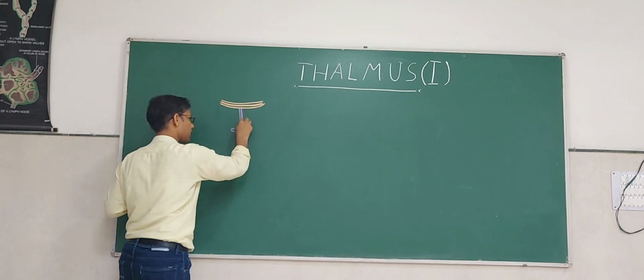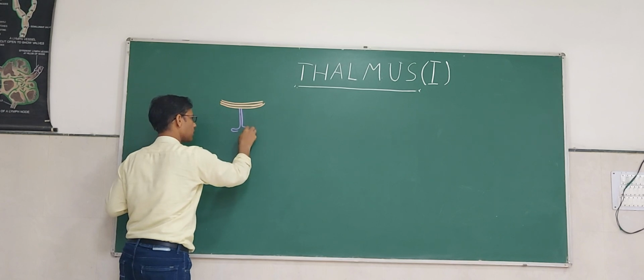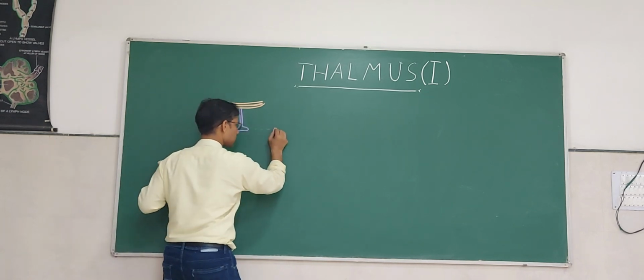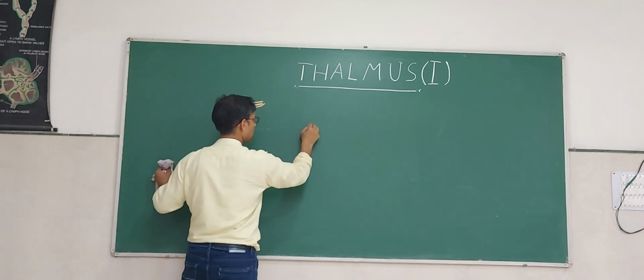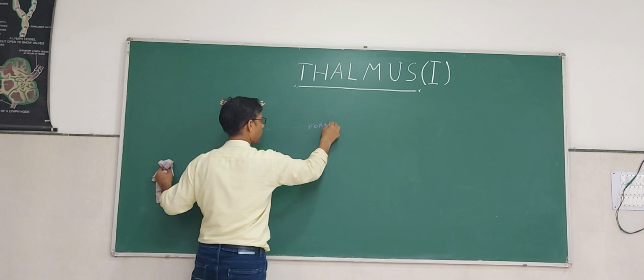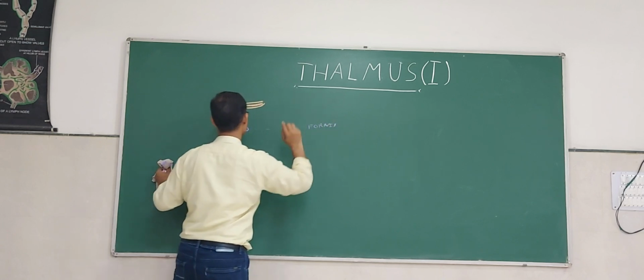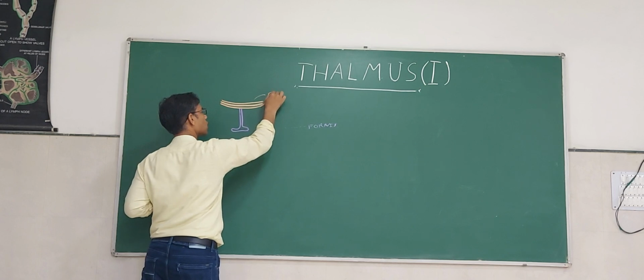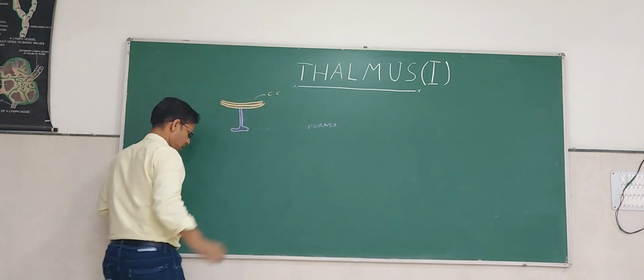I will draw the lateral ventricle here. I'm labeling this: this is the fornix, and this is the corpus callosum, in short CC.